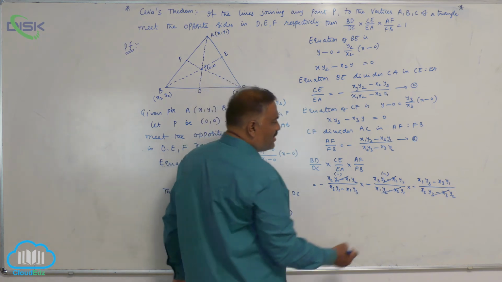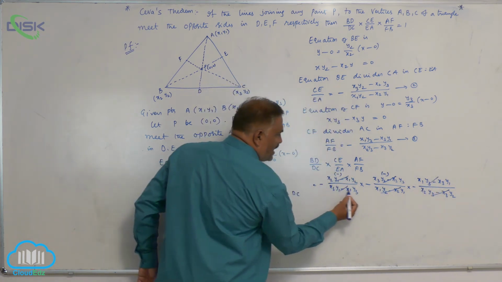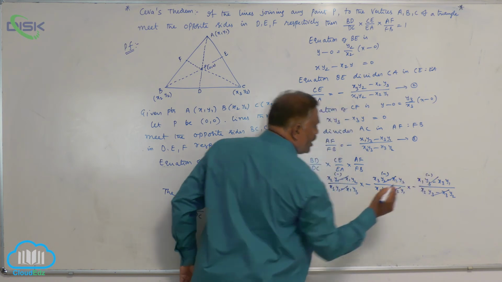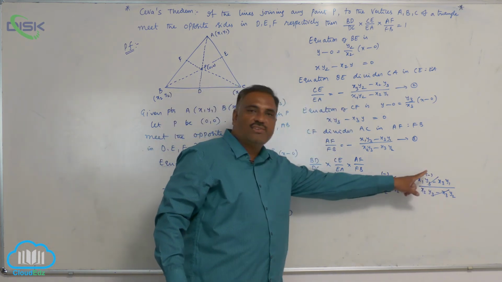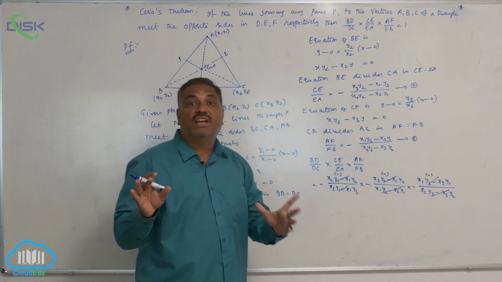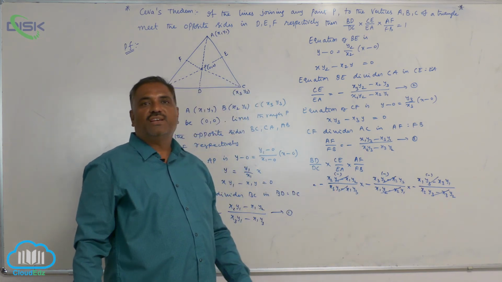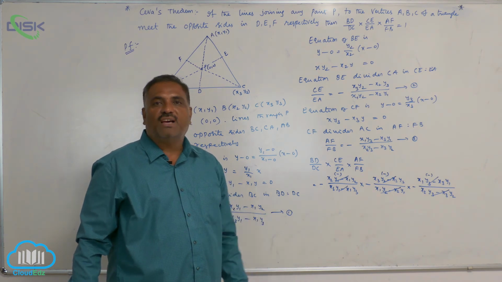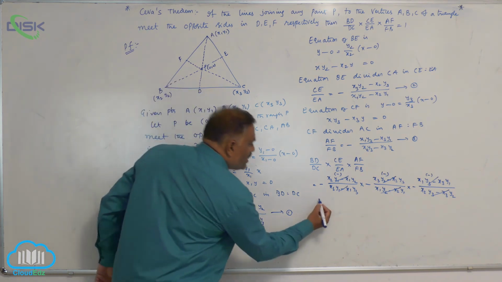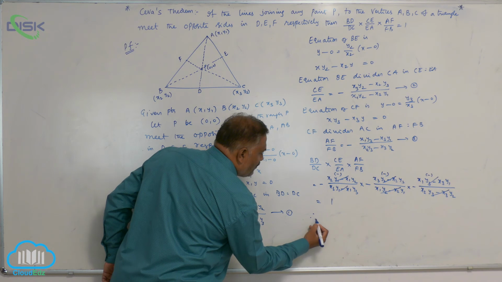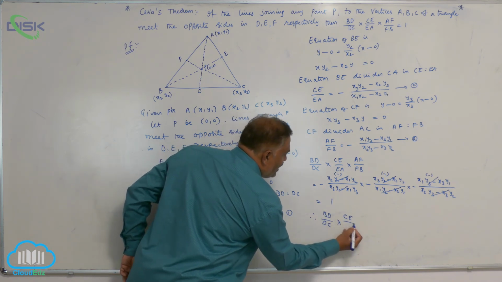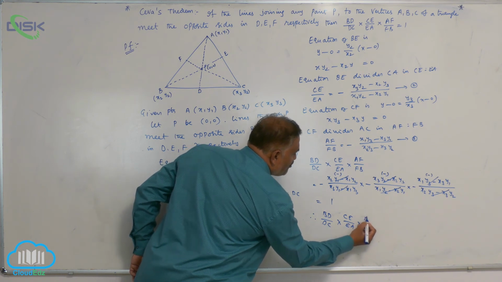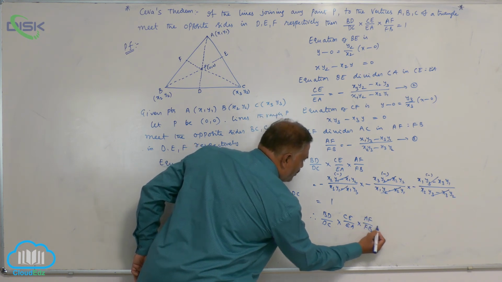In the same fashion, cancel off these two and we get one more negative sign. Now you observe very clearly, two negative signs, two negative signs, two negative signs, totally 6 negative signs. The number of negative signs is even, so the outcome is always positive. So it will become 1. Therefore BD by DC into CE by EA into AF by FB is equal to 1.